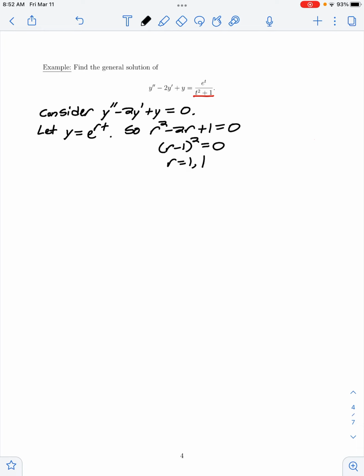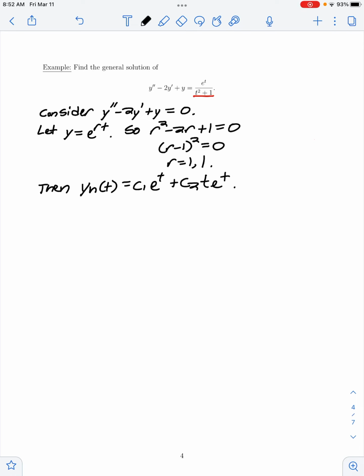So we have a repeated root of positive 1, which means that our homogeneous solution would have the general form c1 e to the t plus c2 times t e to the t.